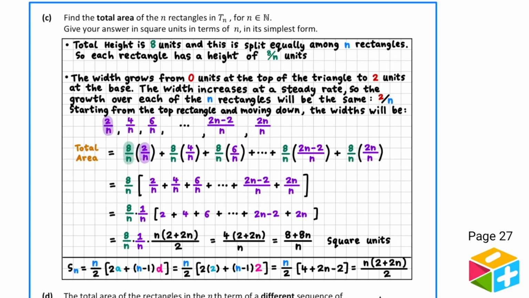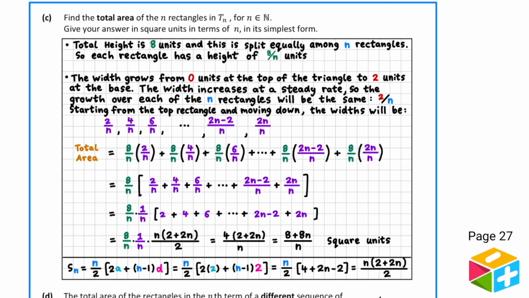The second rectangle has an area of 8 over n times 4 over n. This pattern continues all the way down to the bottommost rectangle, which will have an area of 8 over n times 2n over n. To find the total area of all the rectangles, we simply need to add up all the individual areas.